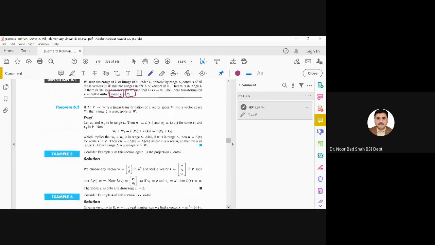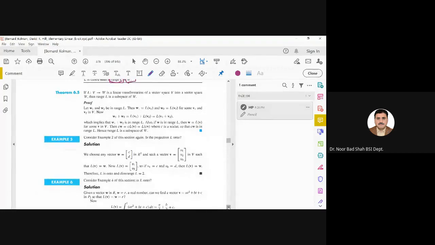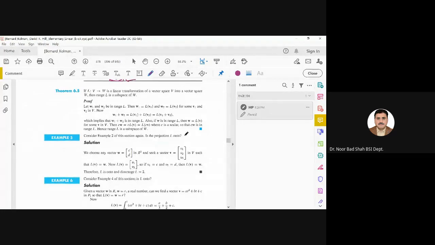The way we do it is straightforward. Let's suppose again we consider that projection one. So projection is L from R3 to R2, you remember?